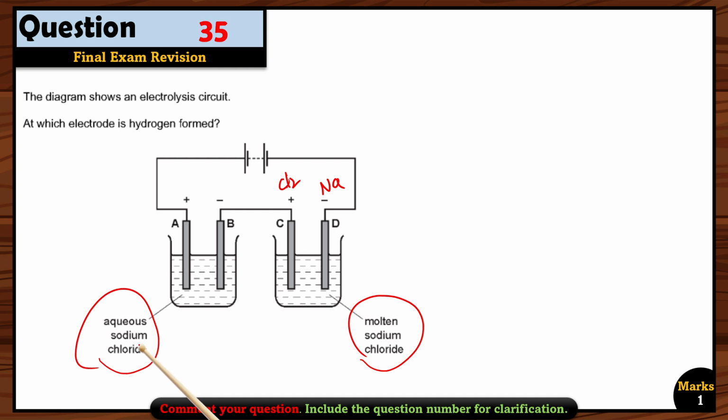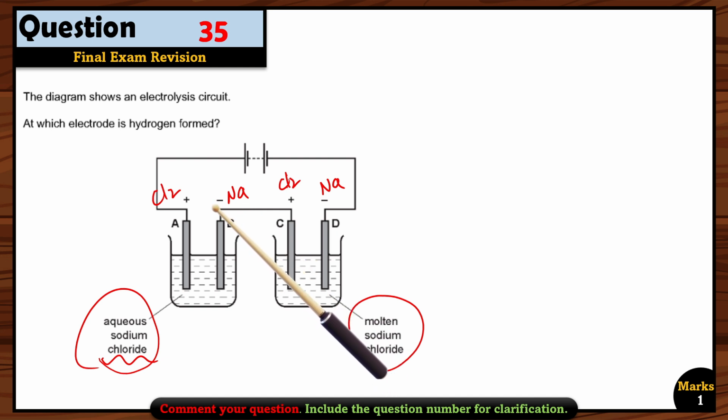For aqueous sodium chloride, what will happen? Because they did not say dilute or concentrated, we will assume it is concentrated. So what will come over here? Of course, chlorine will come at the anode, and at the cathode, sodium, right? So the sodium will come at the anode.